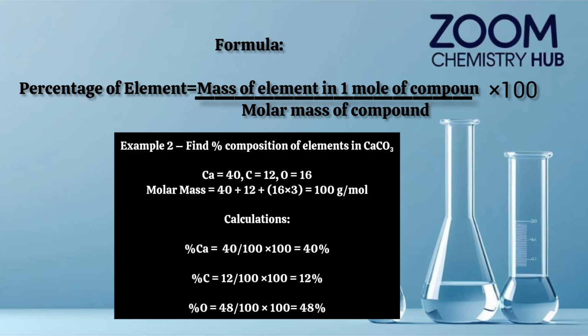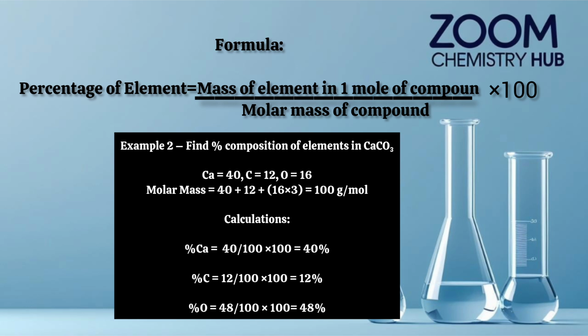So first we will calculate its molar mass, that is the mass of calcium, 40, plus the mass of carbon, 12, plus the mass of oxygen, 16, multiplied by the number of atoms, that is 3. So we get the molar mass of calcium carbonate as 100 gram per mole.